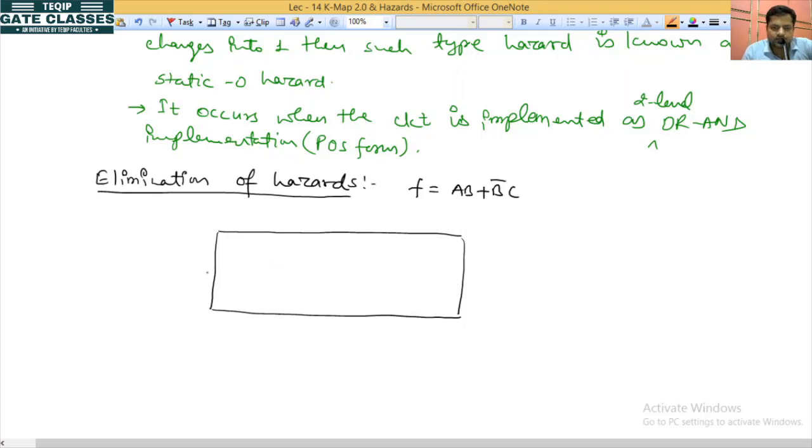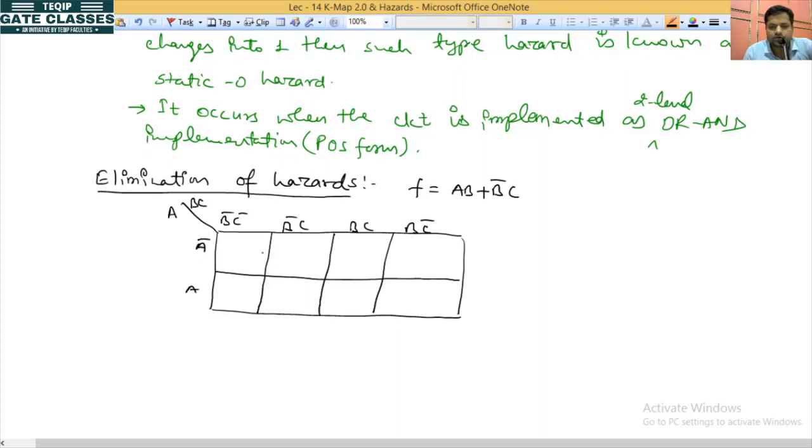Now there are three variables here, so we have to make a 3 variable min-term K-map. We take A here, BC here, so it will be B bar C bar, B bar C, BC, BC bar.